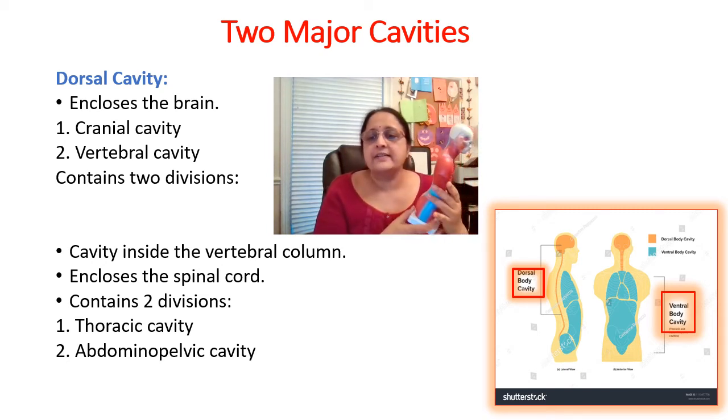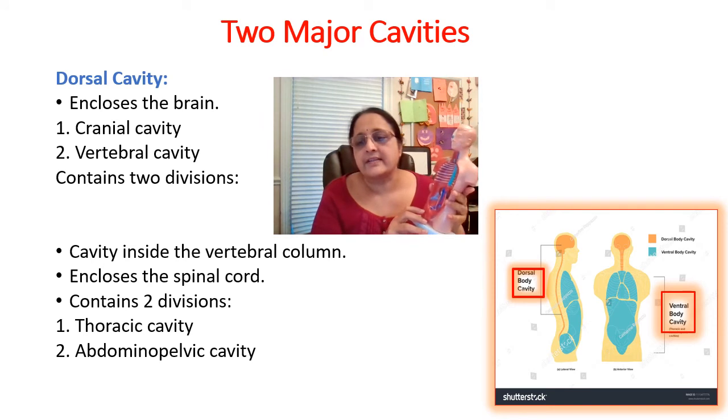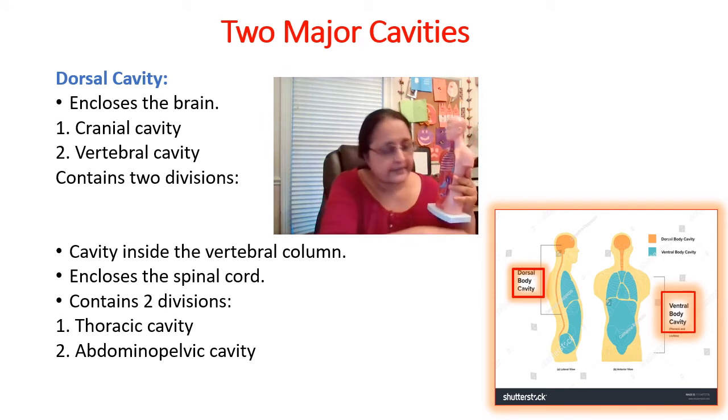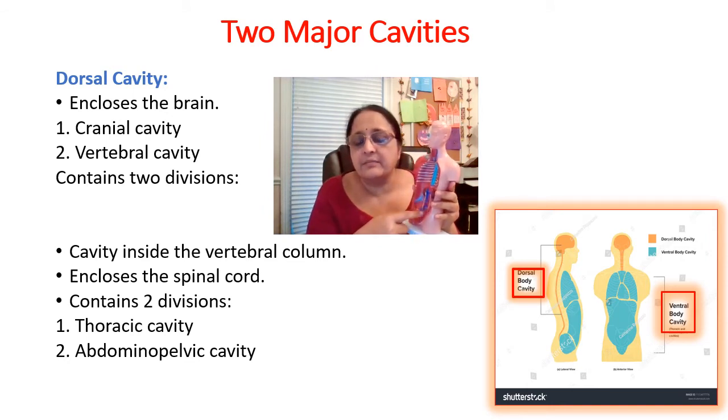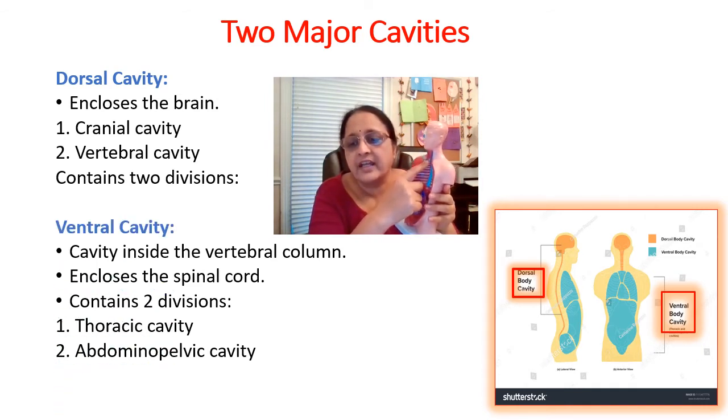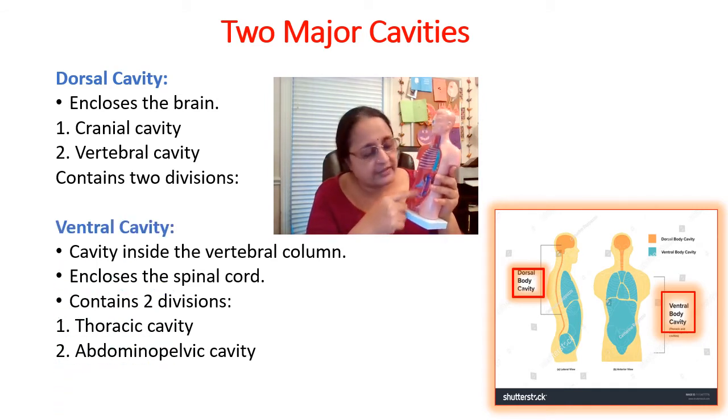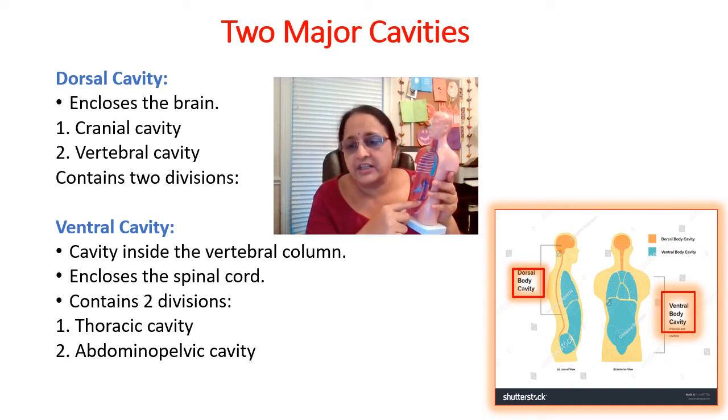Okay, now let's see the ventral side. On the ventral side, major organs are located in this big cavity. It extends from the neck region down to the lower pelvic region.